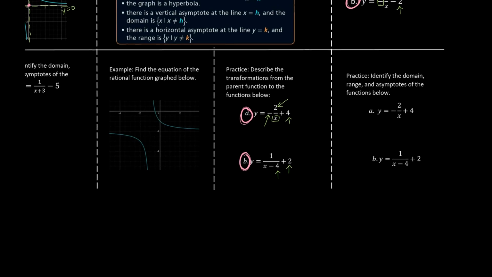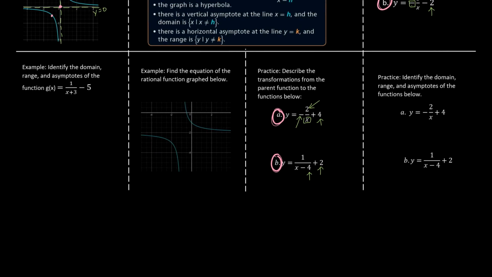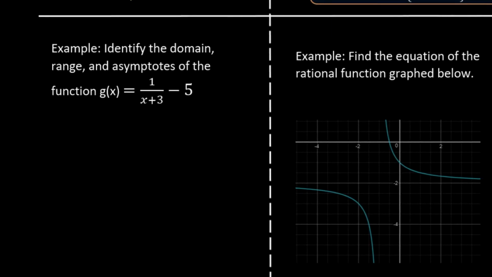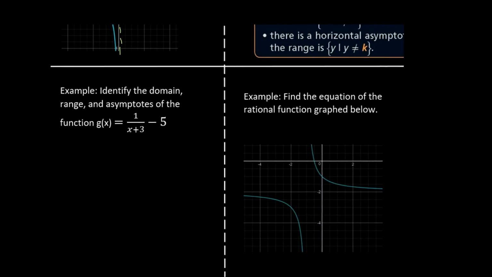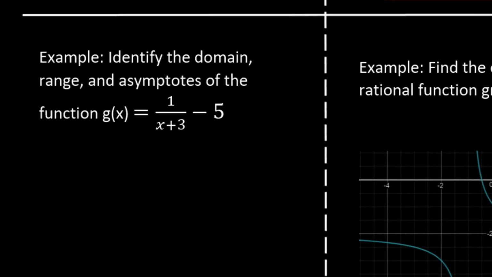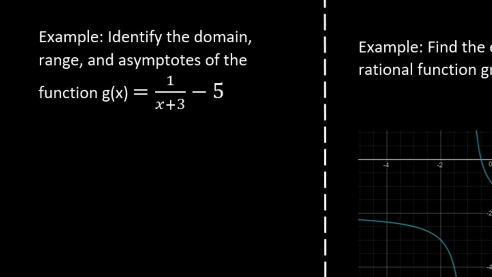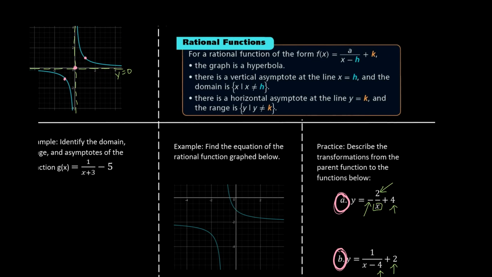Okay, so now let's go a little bit more in depth with domain and range. So looking at this function right here, 1 over x plus 3, and then minus 5. Has the domain changed from the parent function?